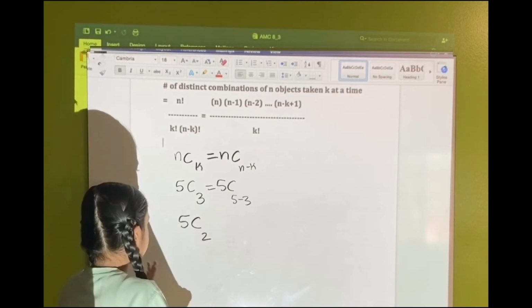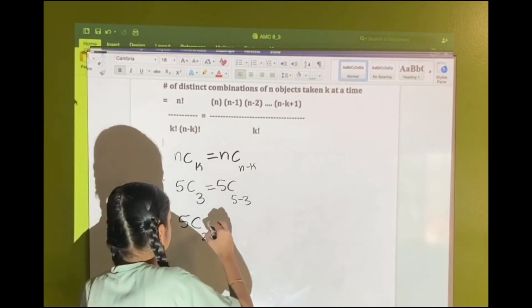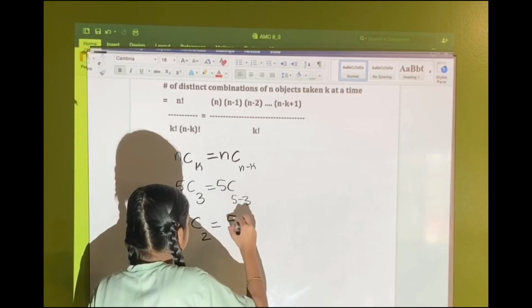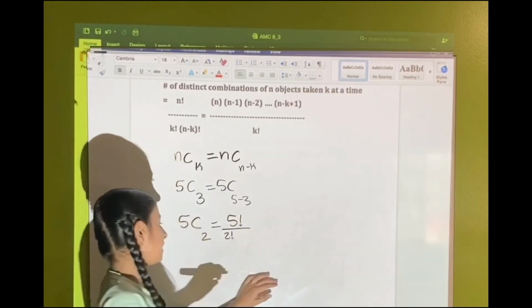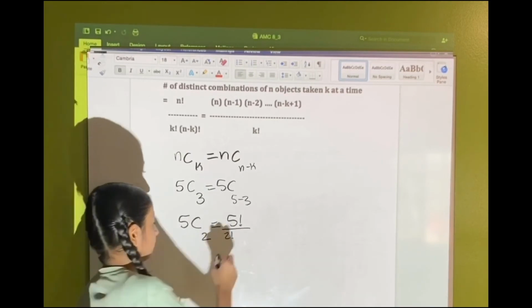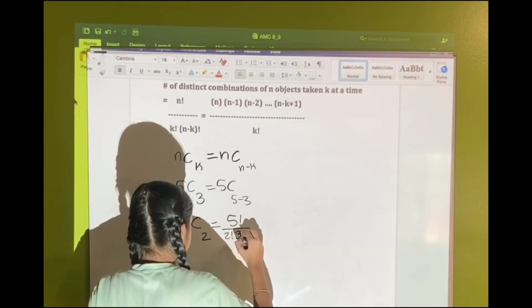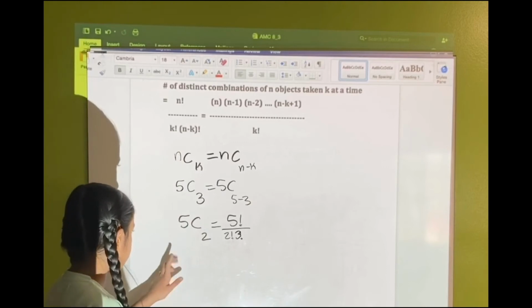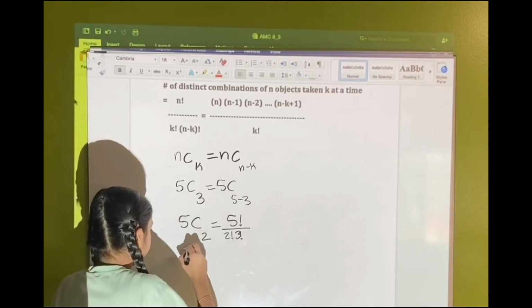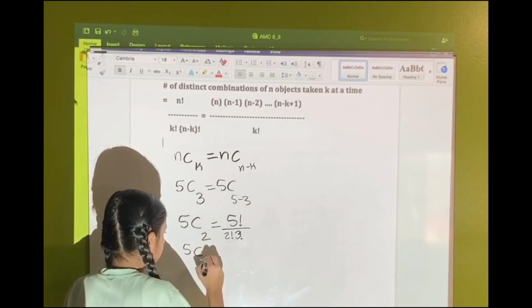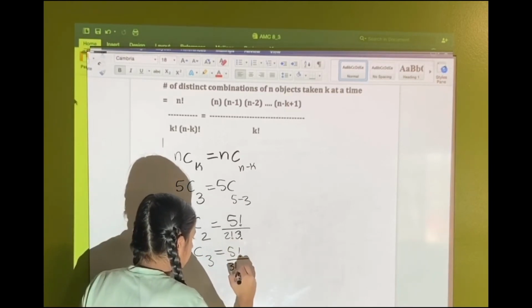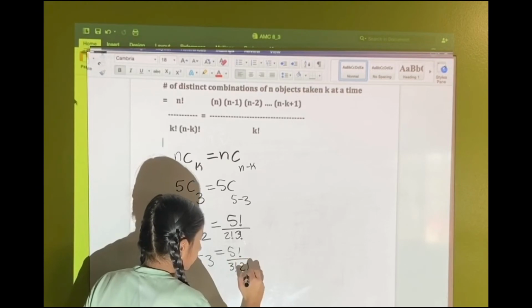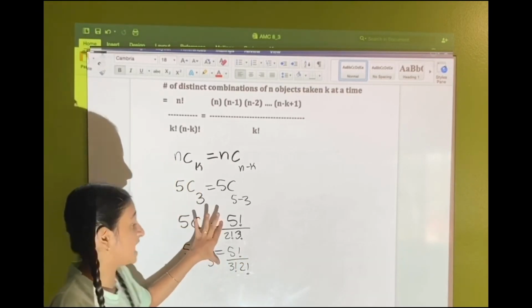Okay? So 5 choose 2 is going to be equal to 5 factorial over 2 factorial times 5 minus 2 factorial, which is 3 factorial. So now 5 choose 3. So 5 choose 3 is 5 factorial over 3 factorial times 5 minus 3 factorial, which is 2 factorial. As you can see, these are both the same thing.